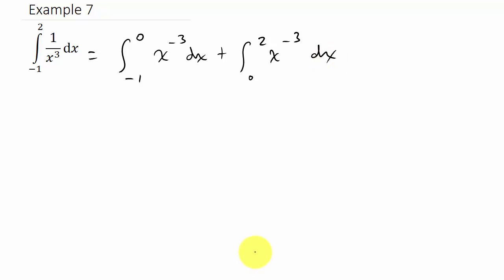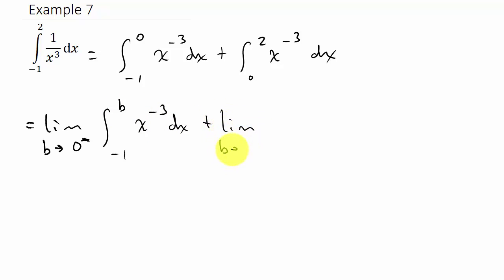Now we're going to take the limit. This is going to be the limit as b goes to 0, and since it's the upper limit, we approach 0 from the left, of the integral from -1 to b of x to the -3 dx, plus the limit as b goes to 0.